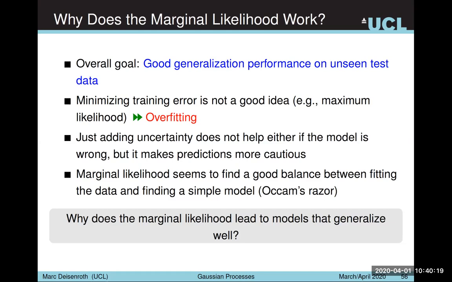We already saw there is this trade-off between data fit and model complexity in the marginal likelihood term. But I also want to give another perspective on the marginal likelihood as a predictive model.